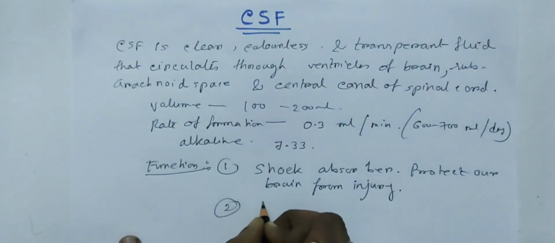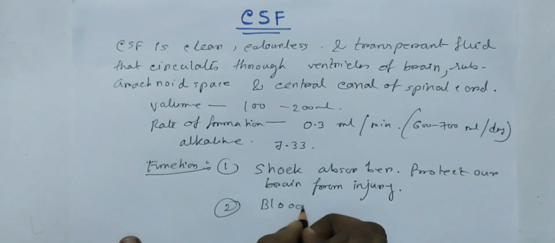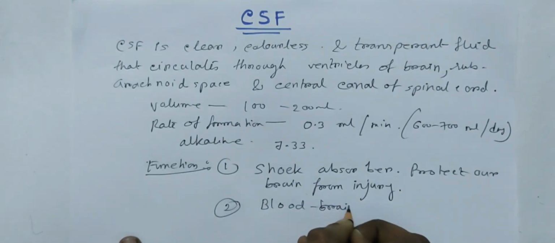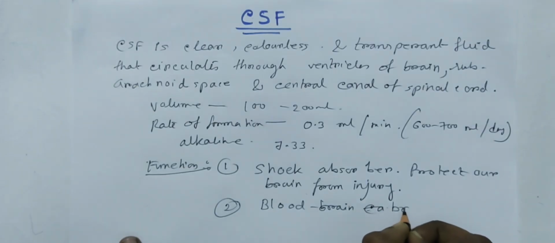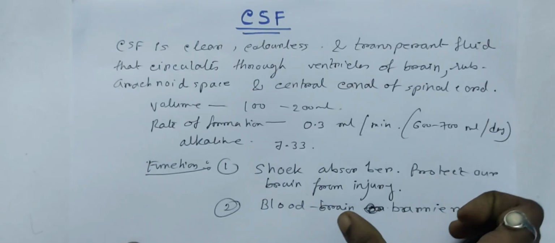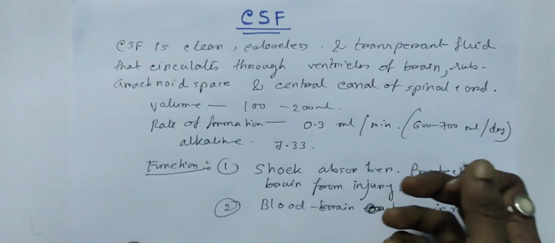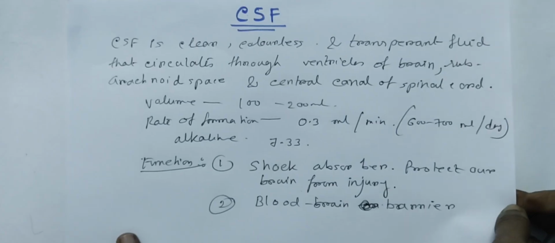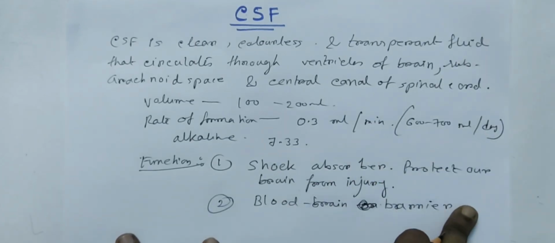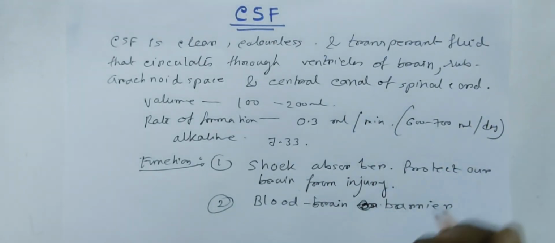Next one is that it creates the blood-brain barrier. I have a special video particularly on the blood-brain barrier, what it is and how it is formed. So please go through that video. You will be clear about the blood-brain barrier. I am telling you in brief here.